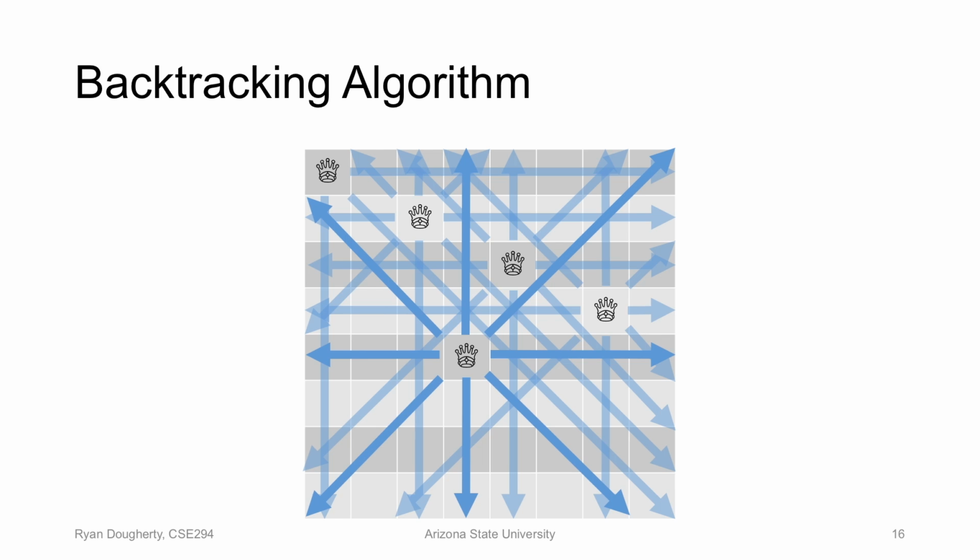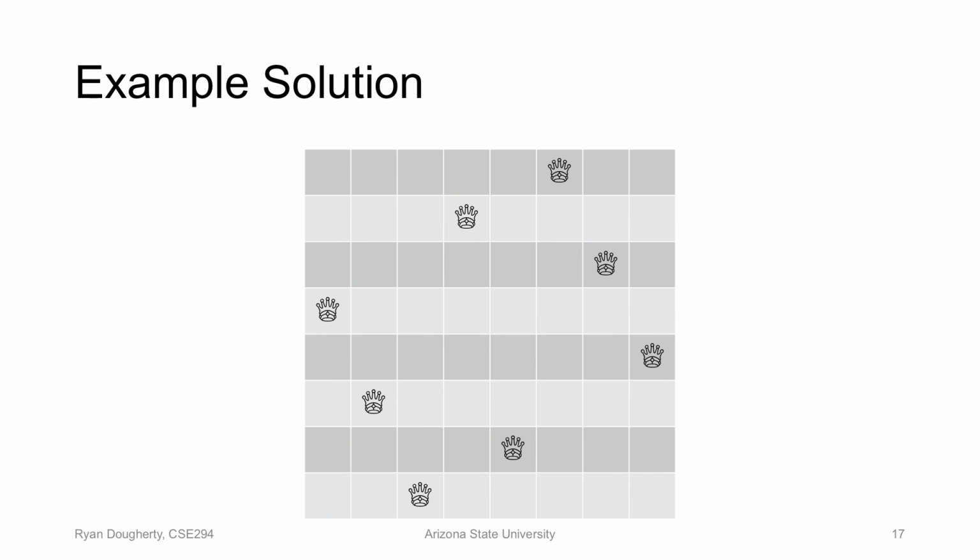And eventually if we run the algorithm long enough, we get a solution like this. There are many other solutions, but this is one of them. For the first queen, we place it in the first square, then we eventually find out that that doesn't work, so we try the second square, then the third, until we get to one that works.